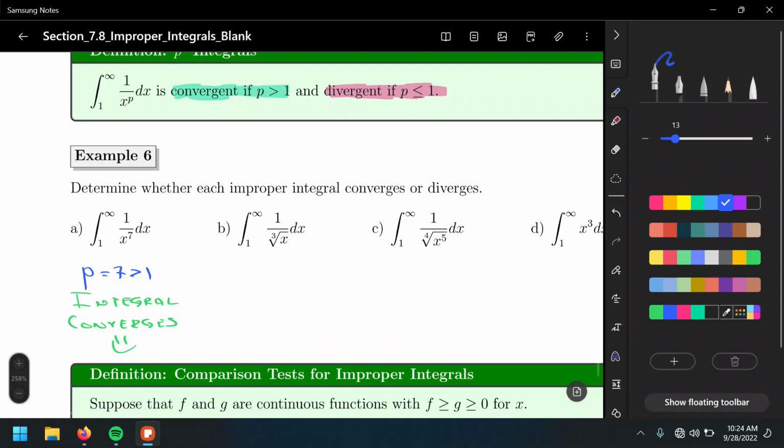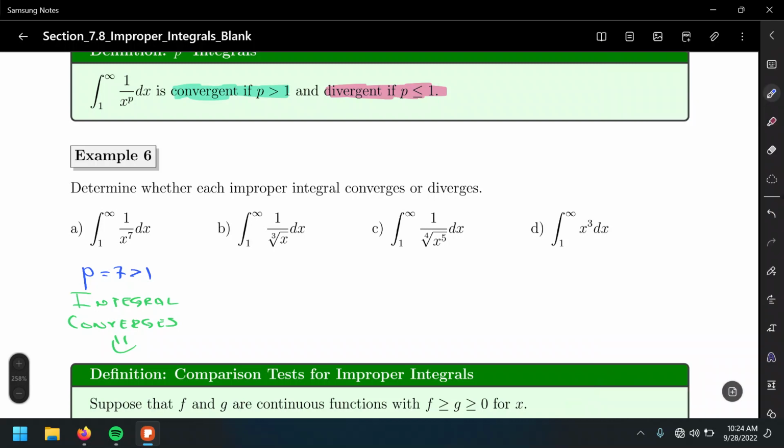Without doing the integration. Let's see, the integral of 1 over the cube root of x from 1 to infinity. Number 1, we need to rewrite this integral in the form 1 over x to the p power. In this case we have it in radical form, so we can simply rewrite it as a rational exponent, x to the 1/3. Again, the index of the radical will tell us about the denominator of the rational exponent.